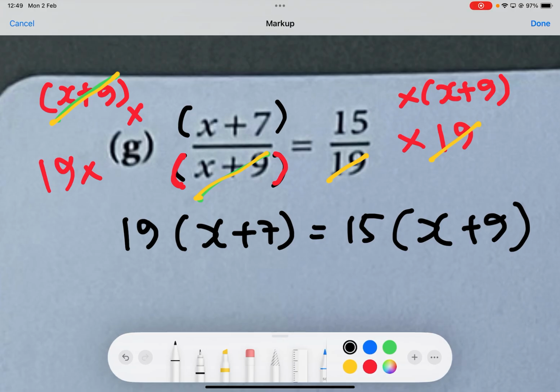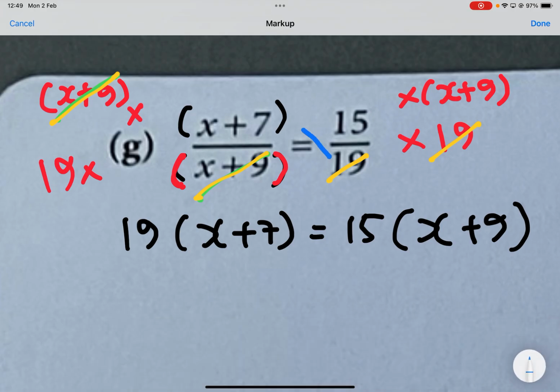Okay? So my 19 multiply the numerator. My denominator multiply this numerator. It looks like there is a cross like that. So a lot of tuition teachers or other teachers, they tell you, you see two fractions equal to each other, you straight away cross multiply.